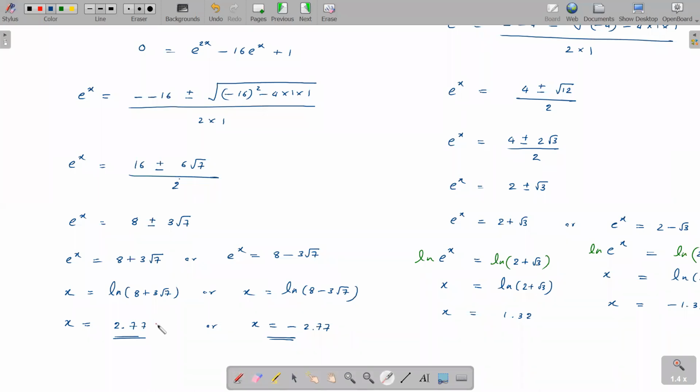All right guys, so the answer correct to 2 dp is 2.77, and the other answer is negative 2.77. All right guys, so this is basically the basic idea behind hyperbolic functions. Okay, so in the next part, we will move on to the more important graphical representations of these hyperbolic functions.